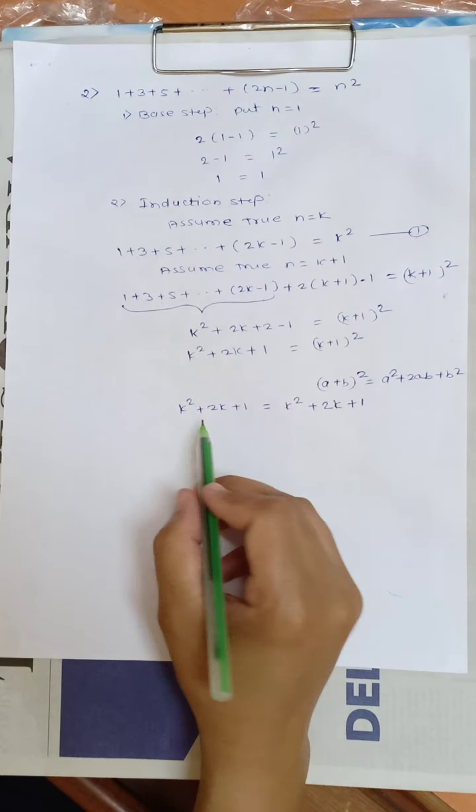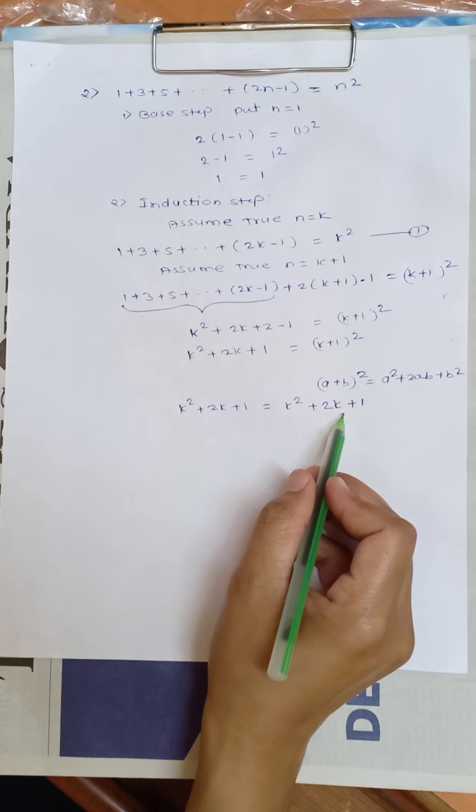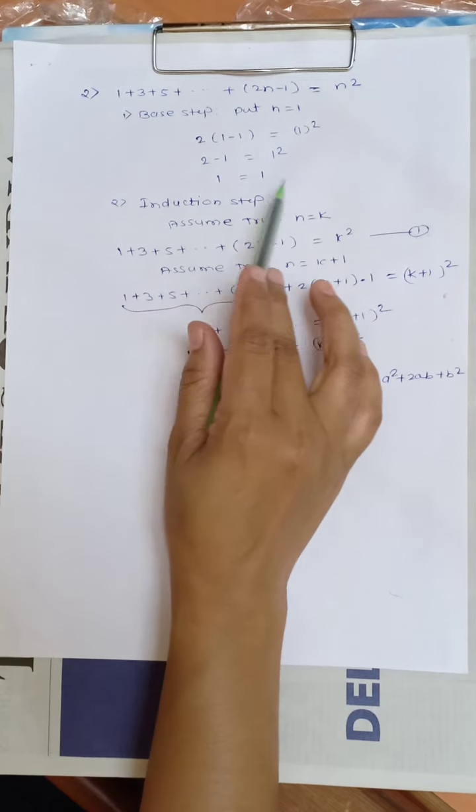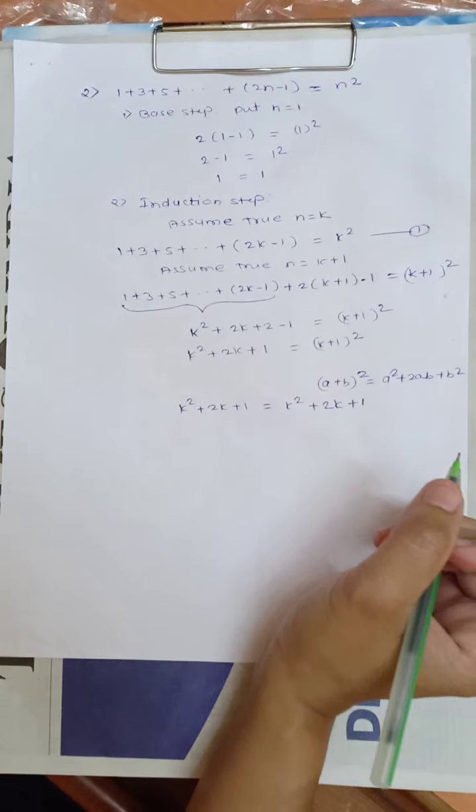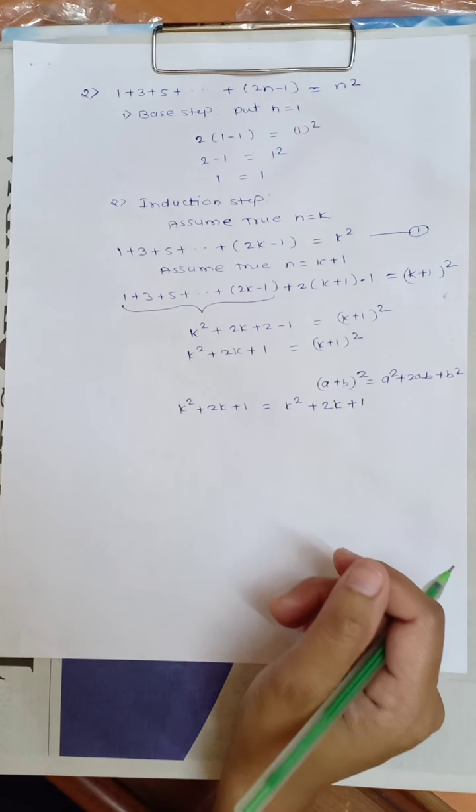So hence proved that LHS is equal to RHS. So it is true for n equals 1, n equals k, and n equals k plus 1. So this is called mathematical induction.